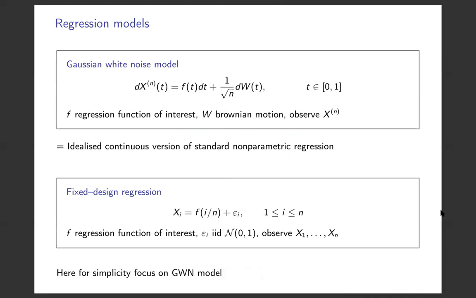So that can be, for instance, the Gaussian white noise, where you observe some function in continuous time in some noise. And this is an idealized version of non-parametric regression in fixed design. And we can deal with both models, but for simplicity for the talk, let me just consider Gaussian white noise. And immediately in 2 slides, I'm going to project it, so it will just be a simple sequence model.